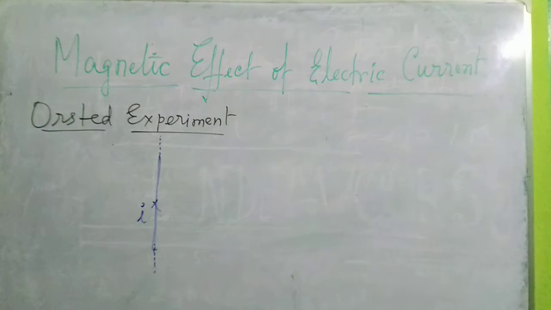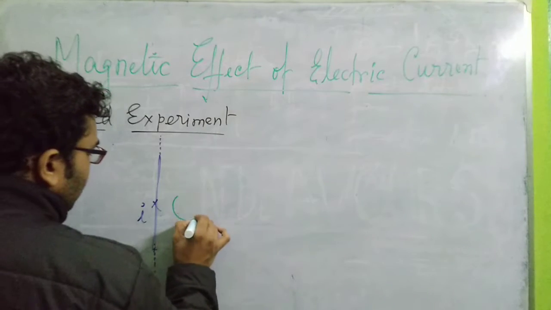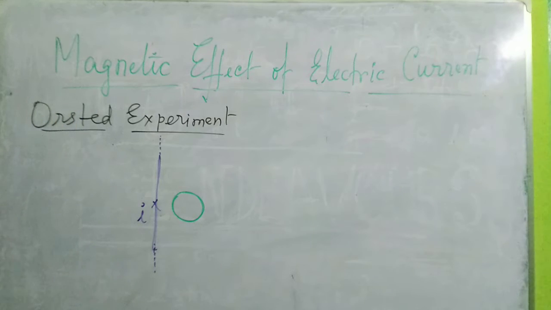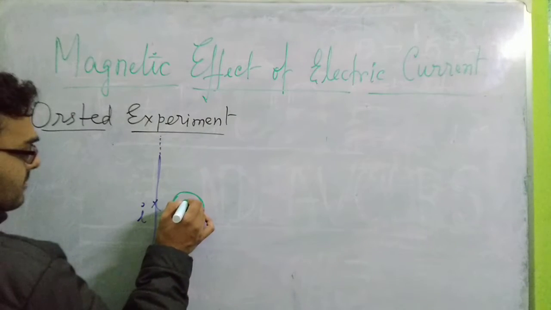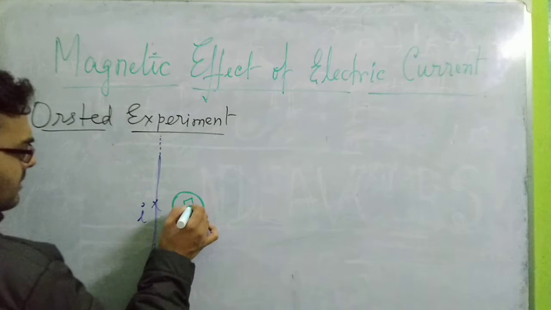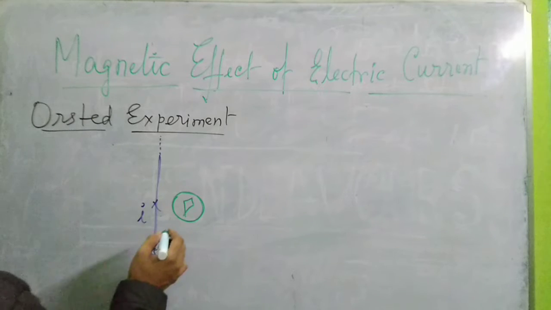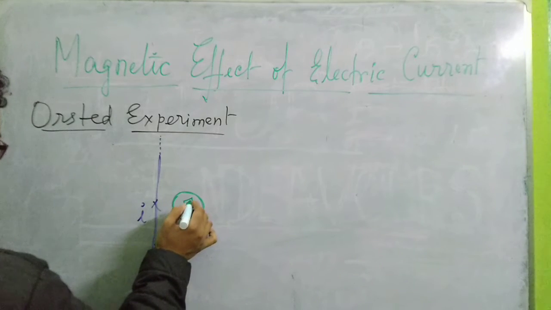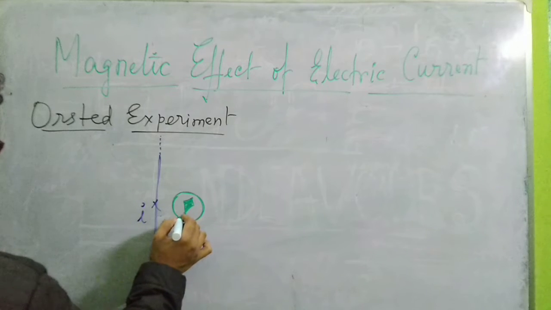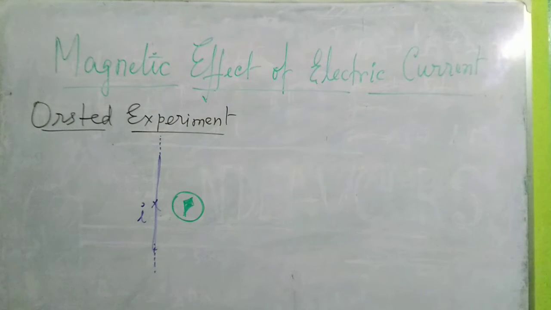Now when current starts flowing, he took a magnetic compass and kept it at the side of the wire. What happened? The compass needle started deflecting as soon as the current started flowing. So there was a deflection observed in the magnetic compass.